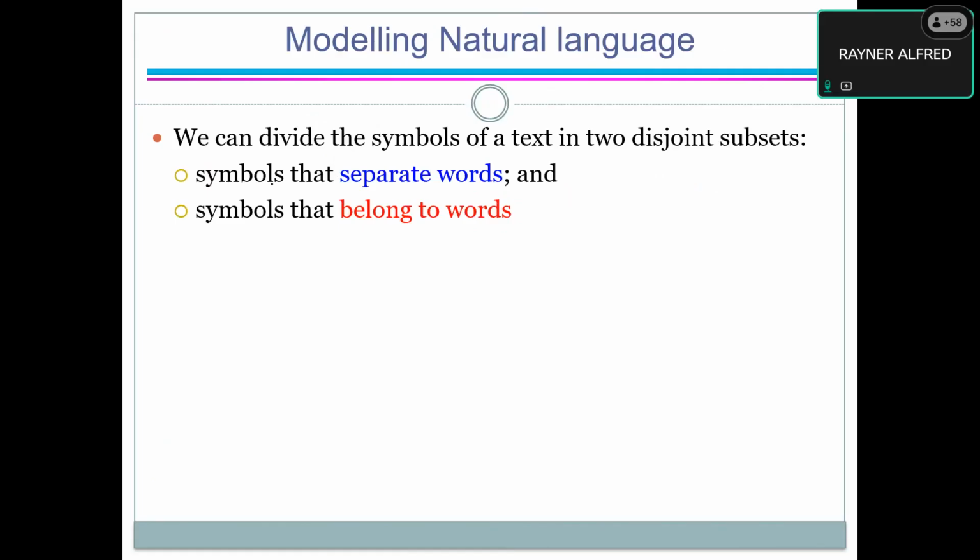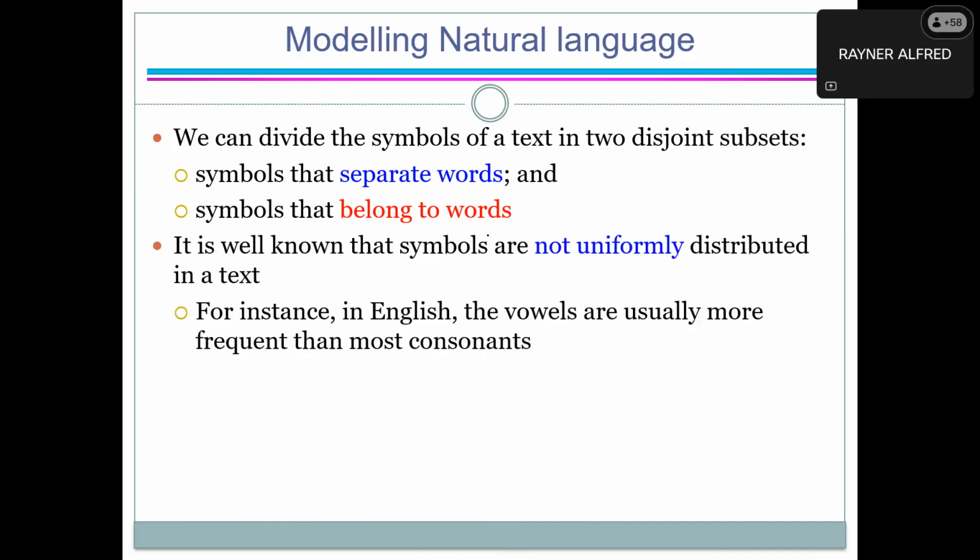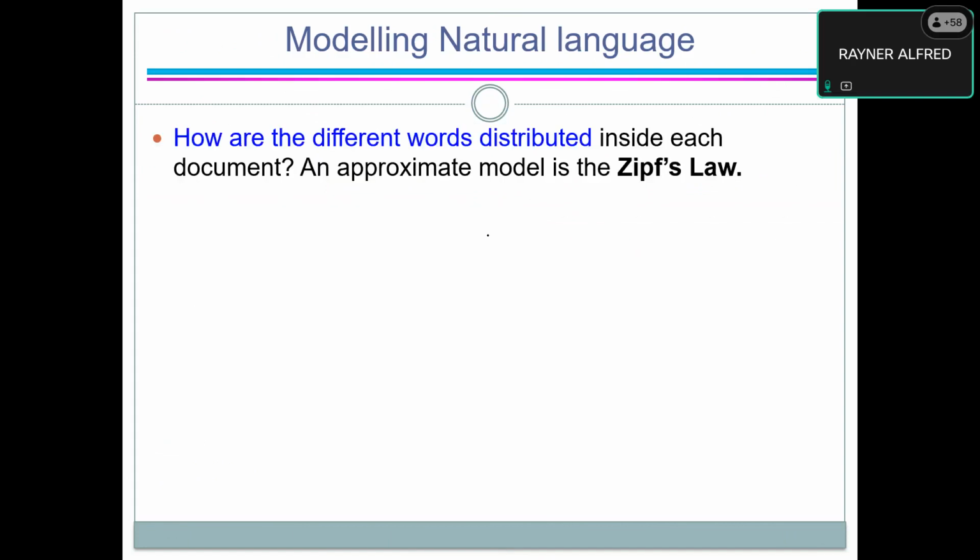So we need a symbol that separates the words and also symbols that are part of a word. Okay. So in our language, in all of the cases, we use the blank space to separate the words, right?